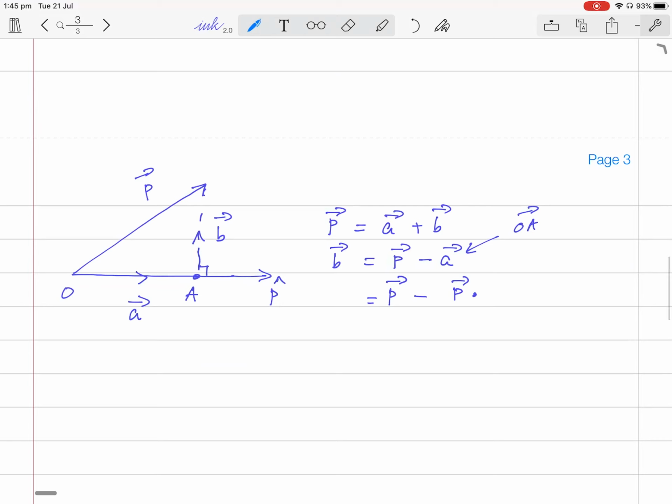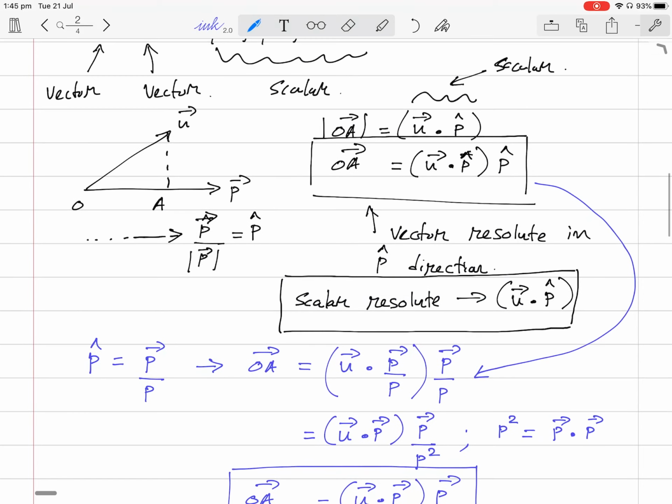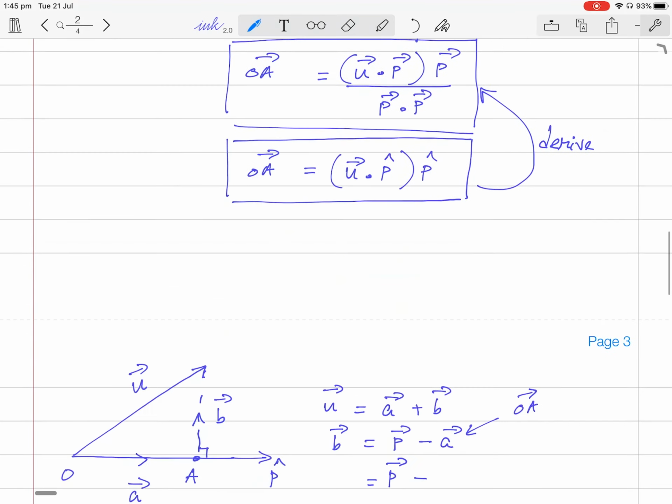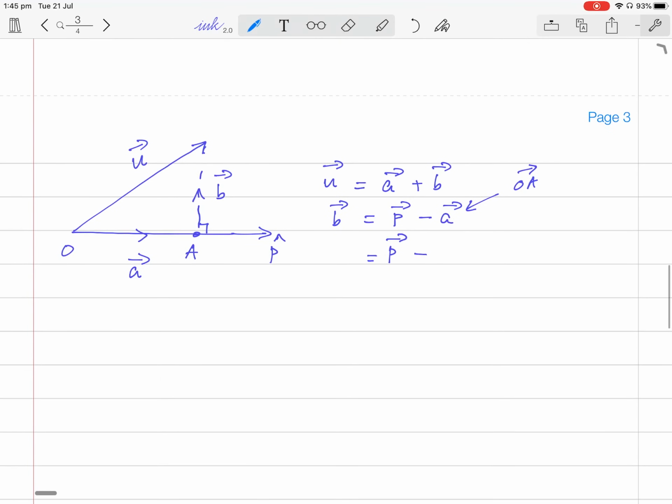Here, this is not P. This is my U vector, right? And we have to have U here. So in our basic definition, we have the U vector in that direction.